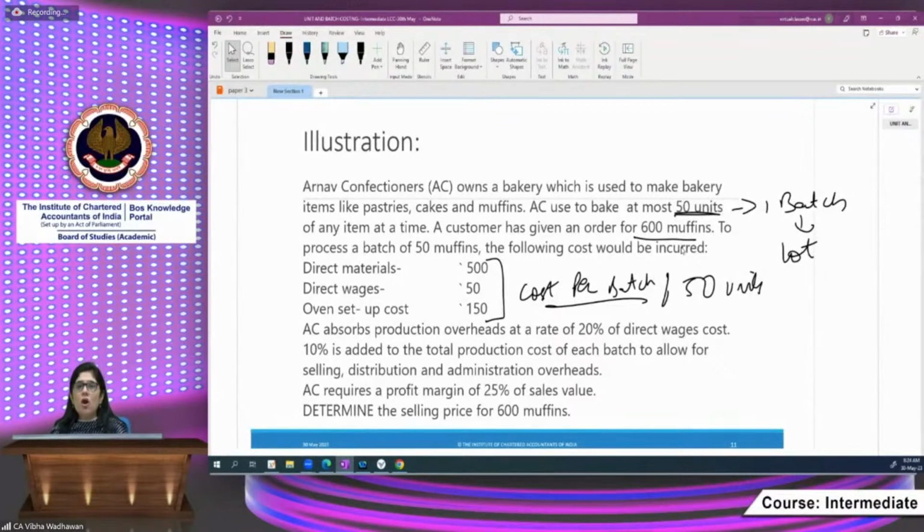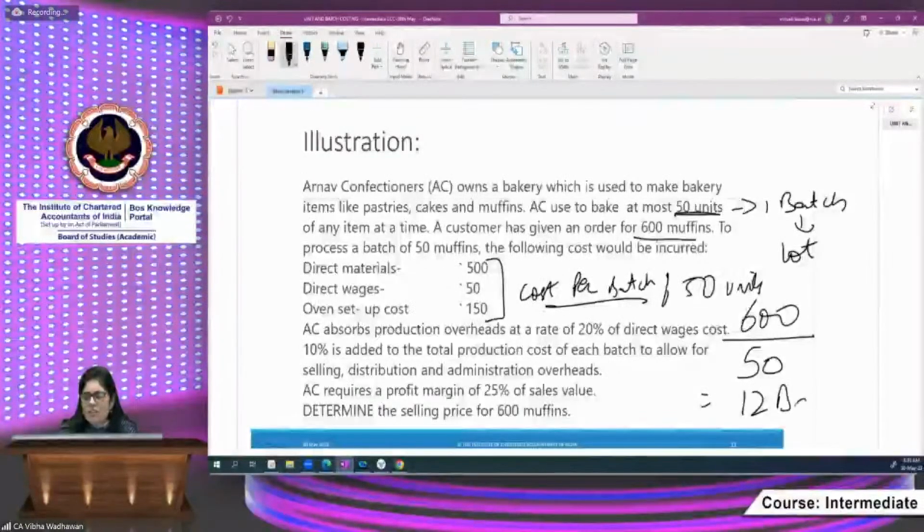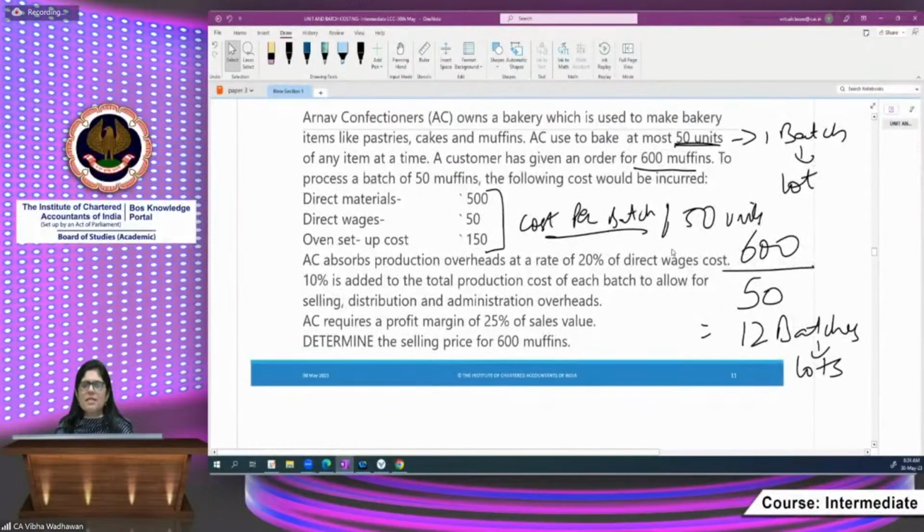Very good, 12. If in one batch 50 muffins can be produced and you have to bake 600 muffins, then 12 batches, meaning 12 lots, you have to run. Clear? So this is the meaning of batch. One batch means one lot: how many units will be baked or produced in one lot together?